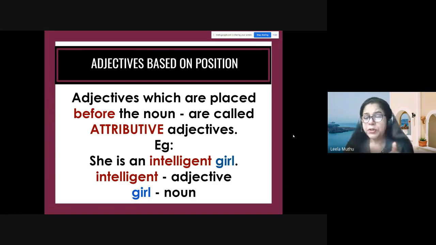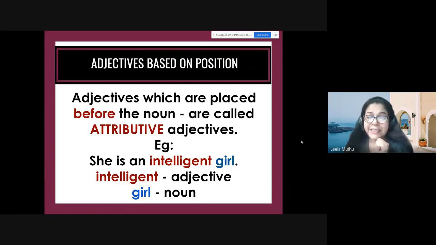So when you put an adjective before a noun, it is in the attributive use. When the adjective appears after the noun, it's in the predicative use. Okay, so don't forget that.